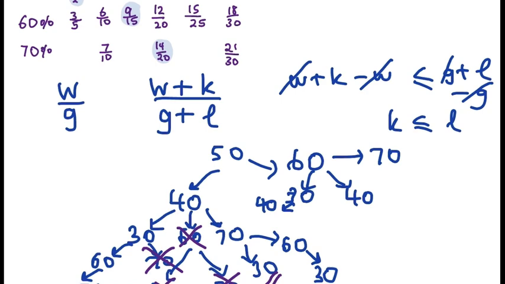So after 40, I went to 70. Right, what about 50 to 60 to 40? So 1/2 to 3/5 to 4/10. That's all right.